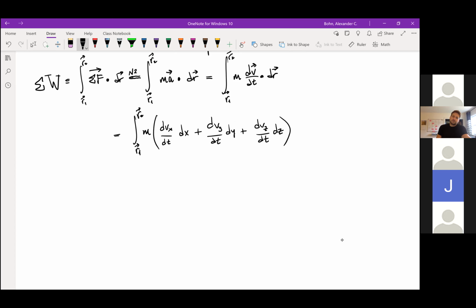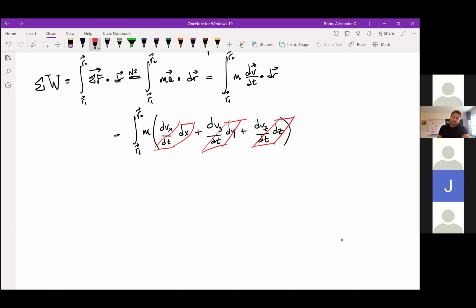But dx divided by dt, that's the instantaneous x component of the velocity. And dy divided by dt, that's the instantaneous y component.